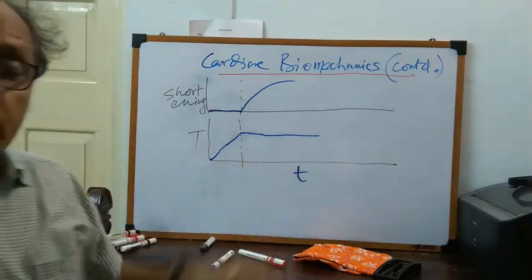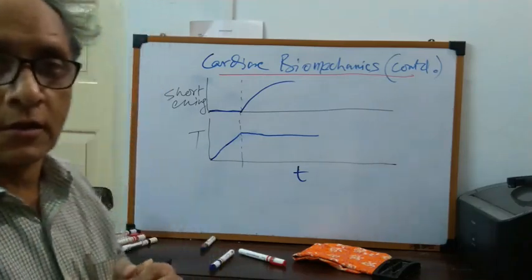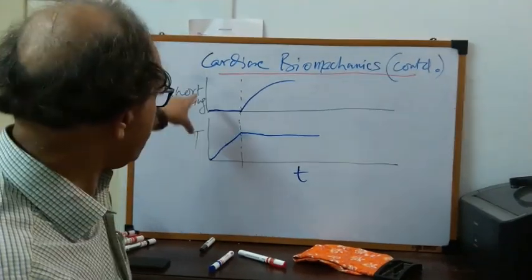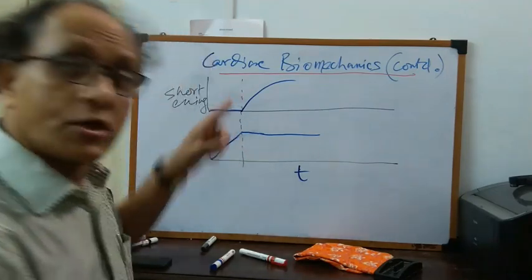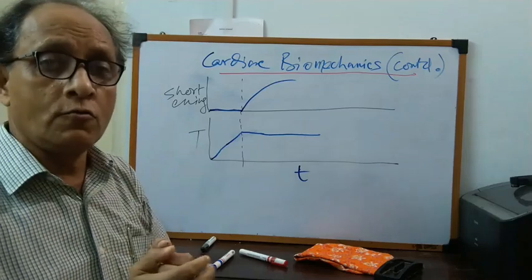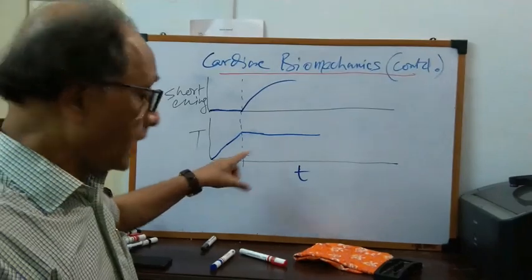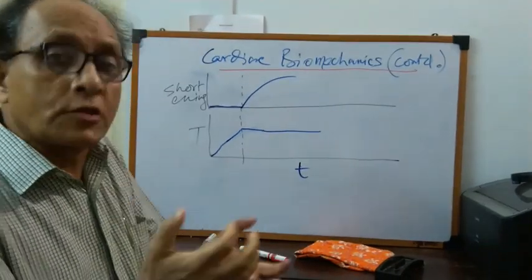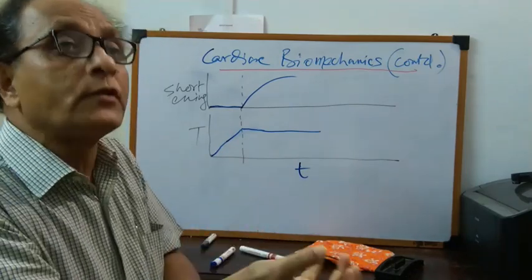So this is a classical picture of what is happening in isotonic contraction with respect to intramuscular tension and shortening. At the initial part of any isotonic contraction, I want to impress upon you, a small duration of isometric contraction is there, during which the force is gradually built up in order to overcome the load.